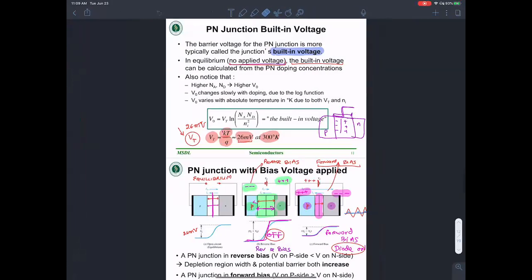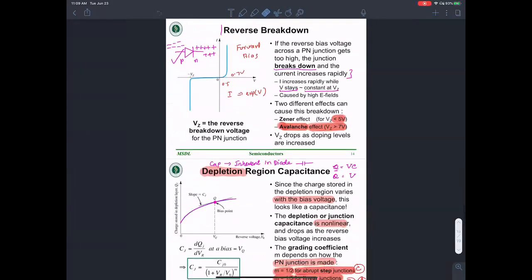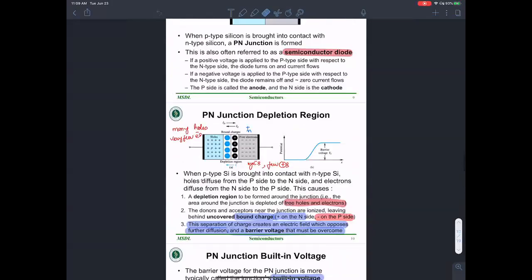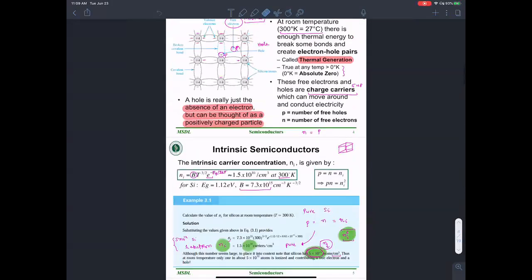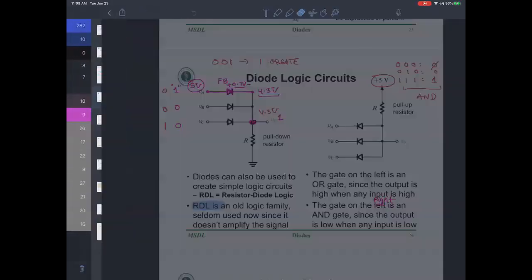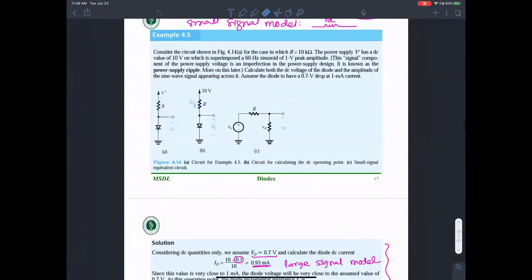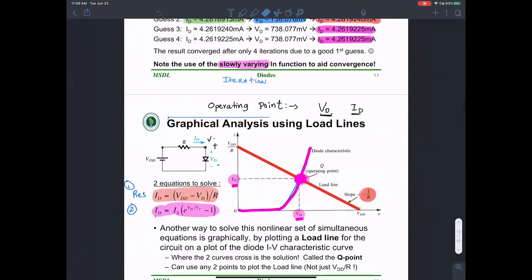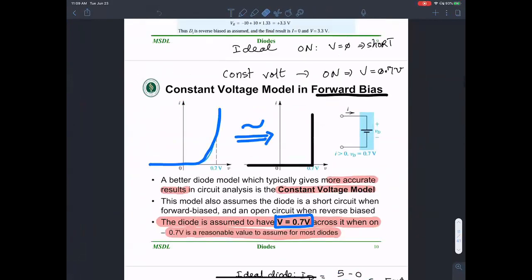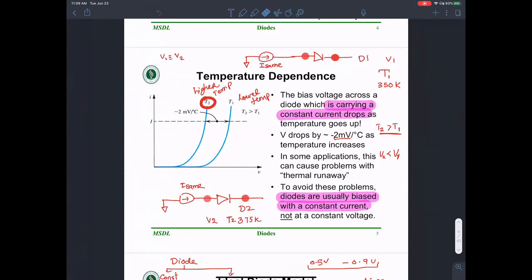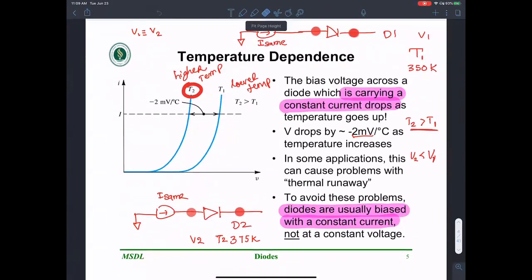I think it was in chapter 5. Right here.